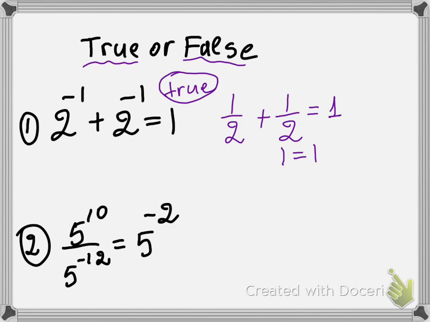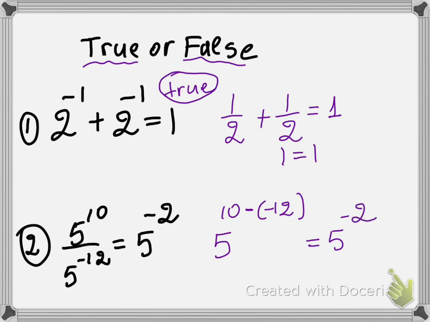The second identity, we are dividing two powers of the same base. So on the left side, we're going to have 5 to the 10 minus negative 12 equals 5 to the negative 2.